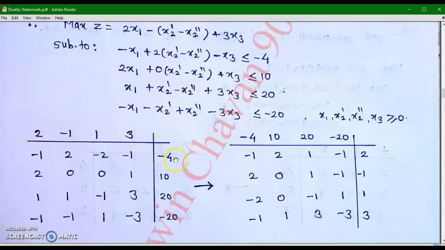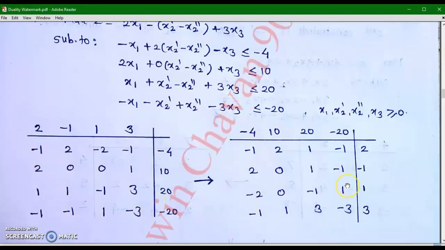The first row takes the place of the rightmost column and vice versa. That's why 2, minus 1, 1, 3 comes here and minus 4, 10, 20, minus 20 comes here, whereas the matrix transpose will be taken, that is minus 1, 2, minus 2, minus 1 will now be the first column and all other rows now columns accordingly.